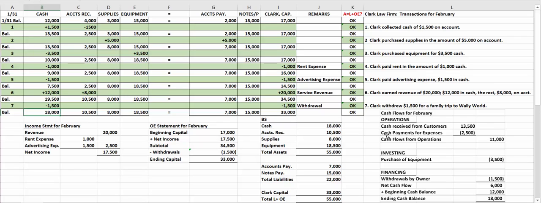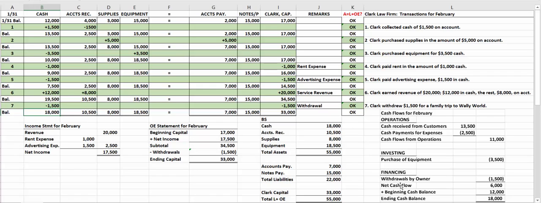Operations represents the cash that came in from operating the business. It's easy to remember. In other words, it's from trying to make a net income. Investing is where we're buying or selling equipment or buildings or other revenue-generating assets. Financing has to do with money coming in from the owner as an investment, or the opposite of that, withdrawals by the owner.